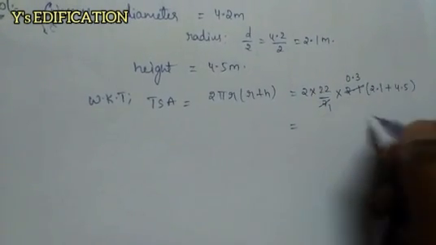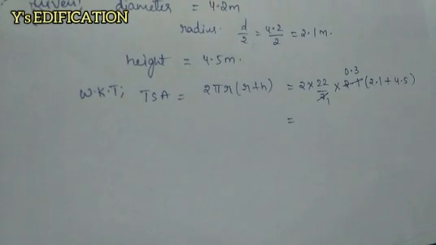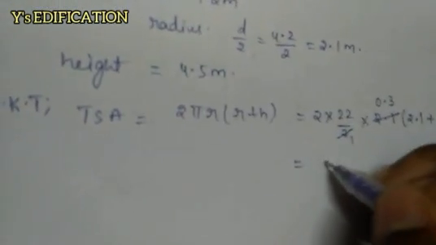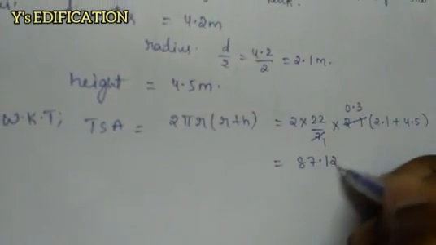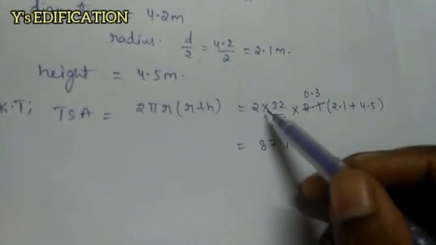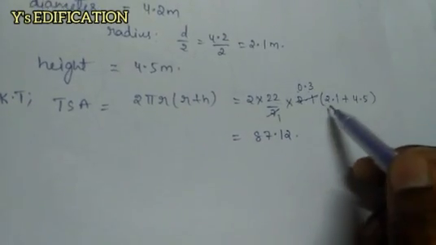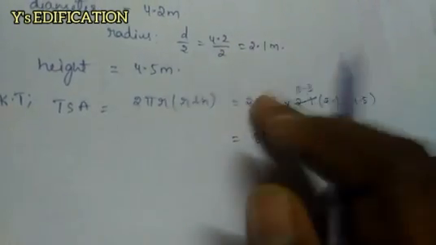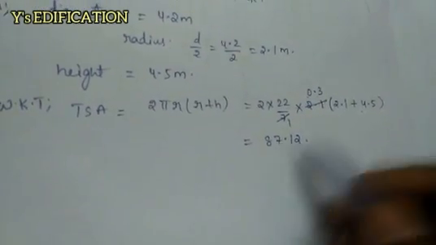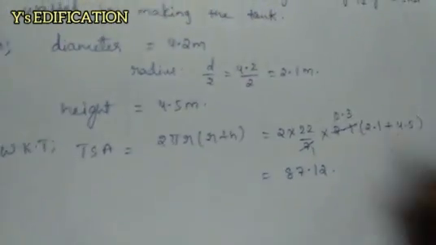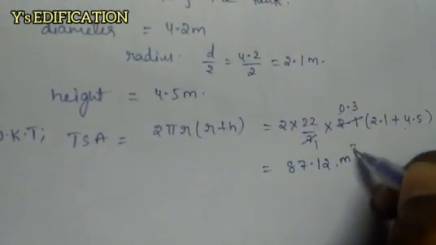After calculating all these values, we will get the answer as 87.12. You can calculate these numbers: multiply 2 into 22 into 0.3, add these two numbers and multiply the result. You will get 87.12 meter square.